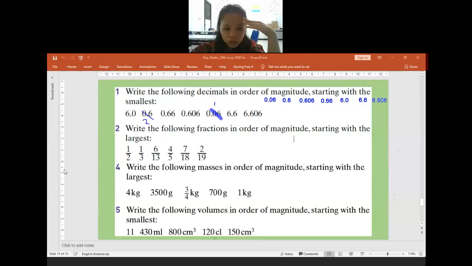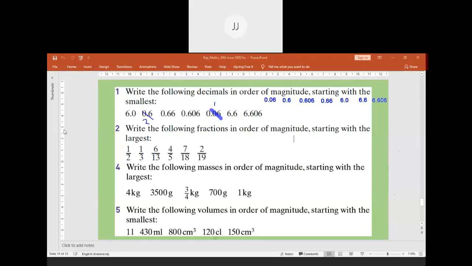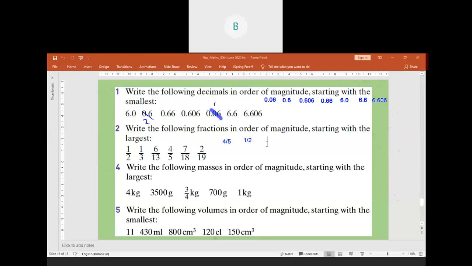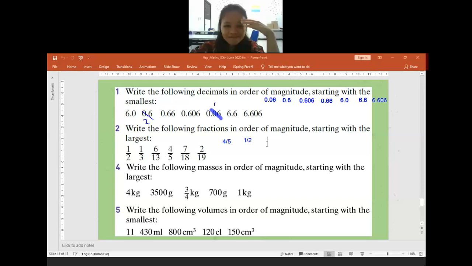Which one is the biggest? 4 out of 5, correct. After 4 out of 5, 1/2. Okay, and then 1/3.